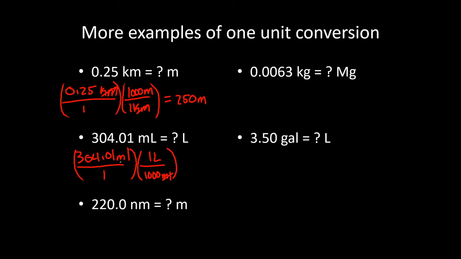Put the milliliters on the bottom, so it cancels. So this is going to end up being 0.30401 liters. These conversion factors do not count towards sig figs, so whatever sig figs I had at the beginning, I keep the same number at the end.